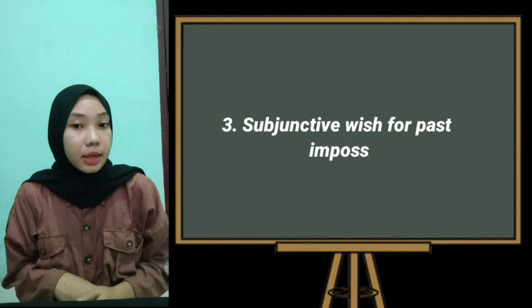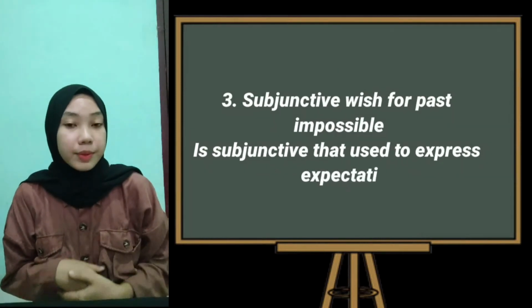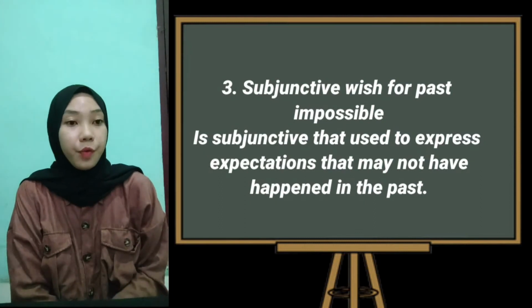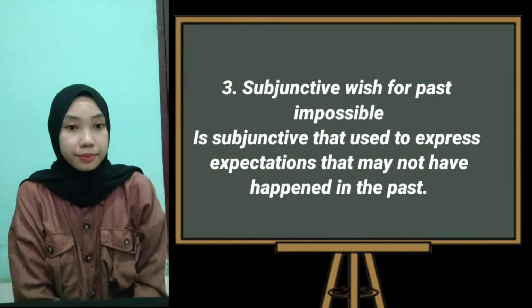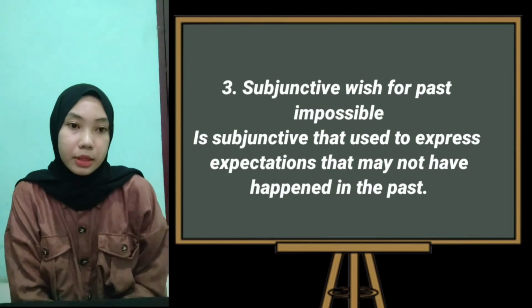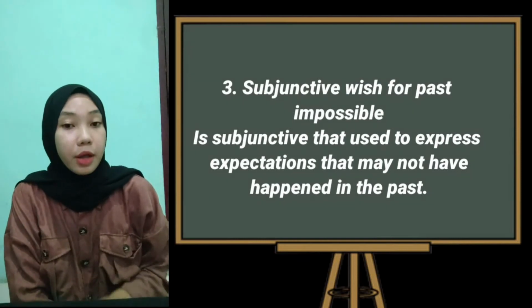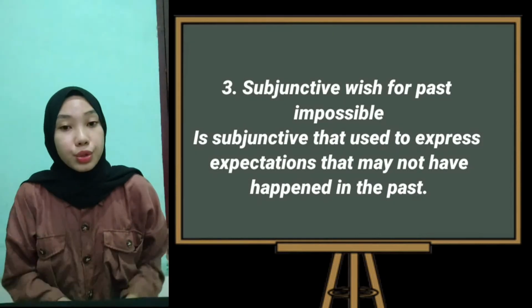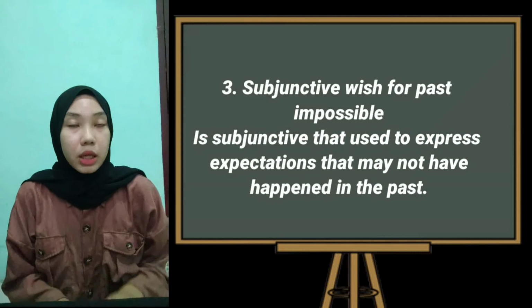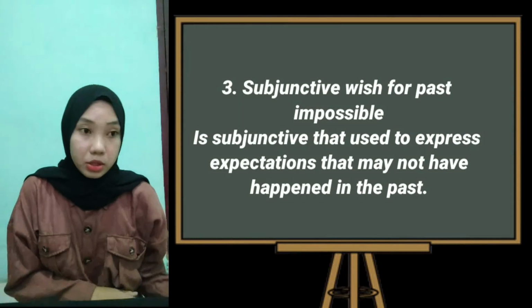And the last part of subjunctive wish is subjunctive wish for past impossible. A subjunctive wish for past impossible is a subjunctive used to express expectations that did not happen in the past.